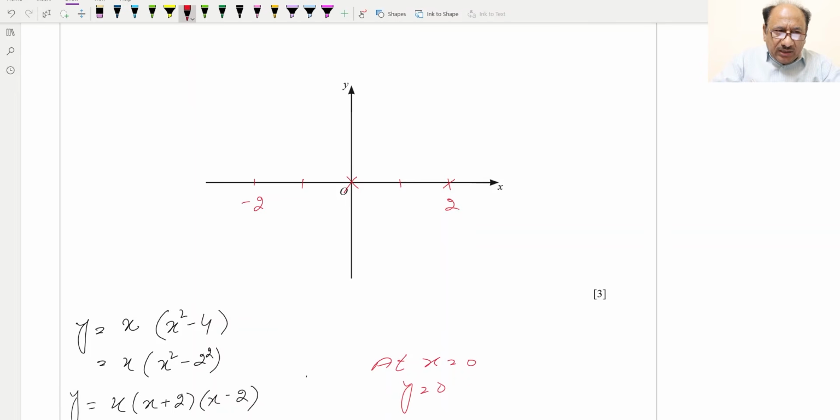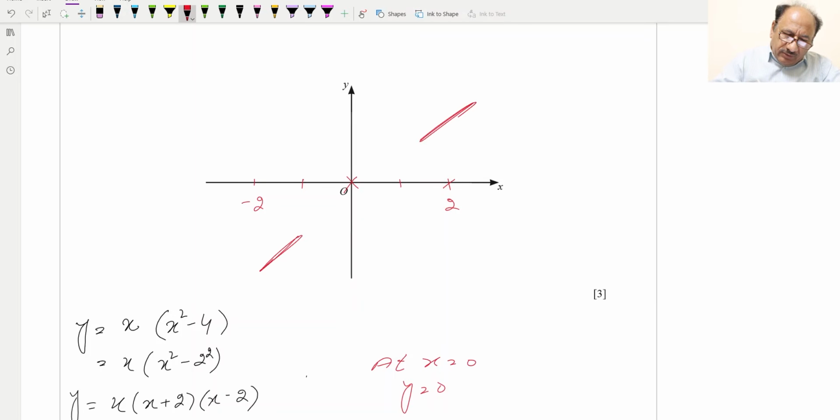Now we can check. Basically it can be like this one or it can be like this one. So we need to figure out whether it is having x cube, which is positive, and positive are always in the first quadrant and third quadrant.